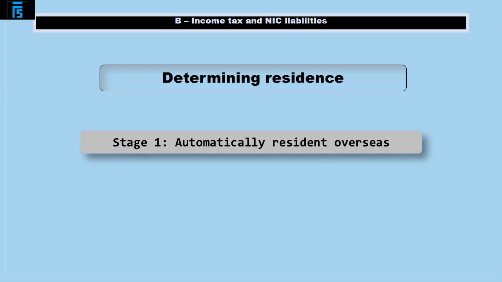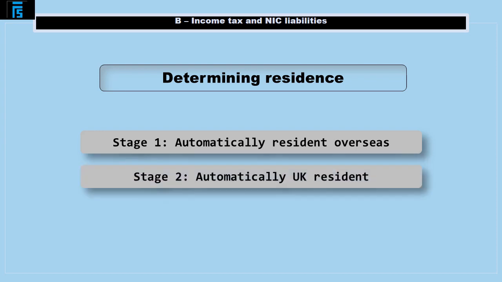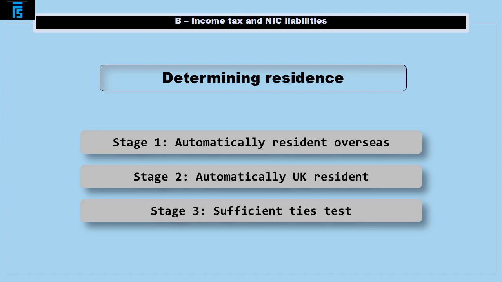Stage 2 would only be considered if Stage 1 did not produce an answer, and is to consider whether the individual is automatically UK resident. The third and final stage is only considered if no answer can be achieved from the first two. This stage requires us to consider the number of ties that individual has to the UK compared to the number of days physically spent in the UK.